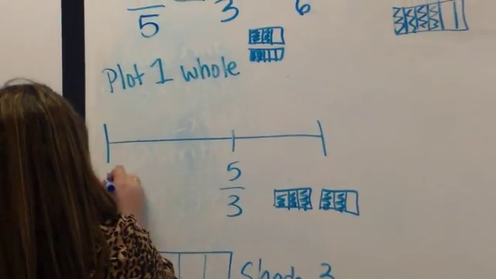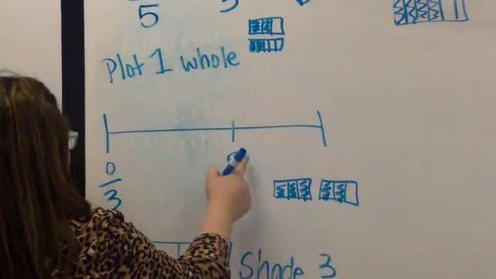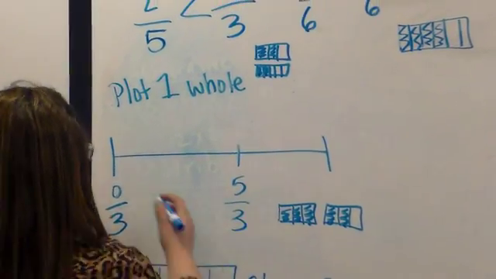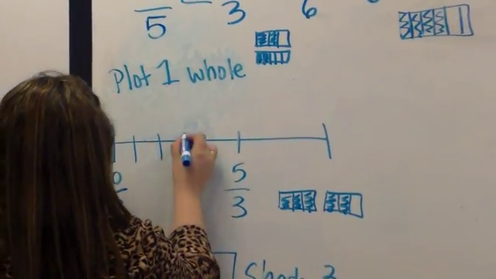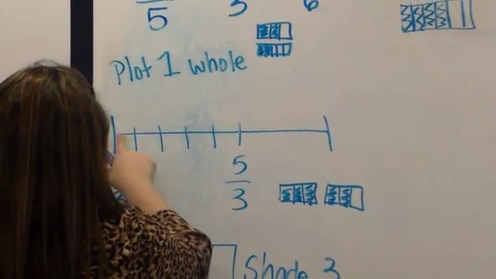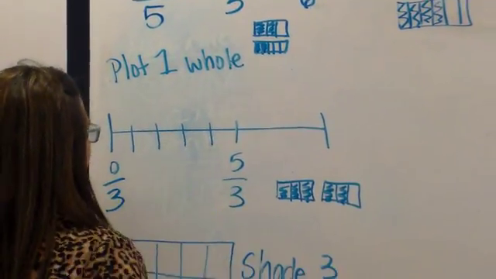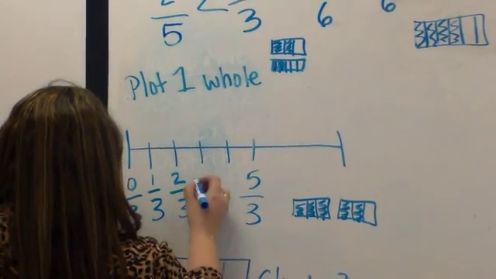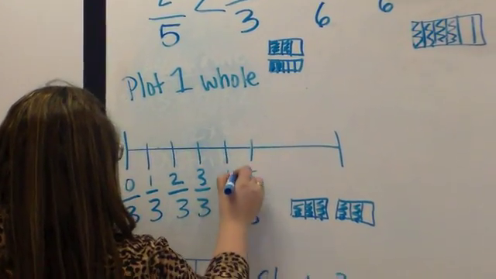So I know right away that 5/3 is bigger than 1 whole. So I know from here at 0/3 to 5/3, there need to be 5 pieces. 1, 2, 3, 4, 5. Okay, so now I can start labeling them, keeping in mind though that they're still thirds.